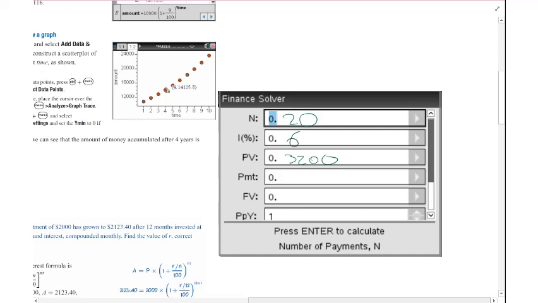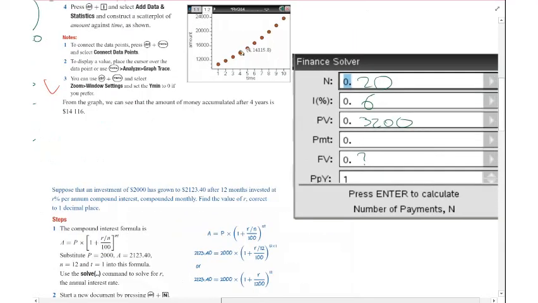Our payment is 0, so it stays 0 because we're not putting any payments in. Our final value is actually what we have to find, so let's put a question mark there. And the part that says PPY, and there's one below that is CPY, that's the payments per year, and because it's quarterly, that's 4.